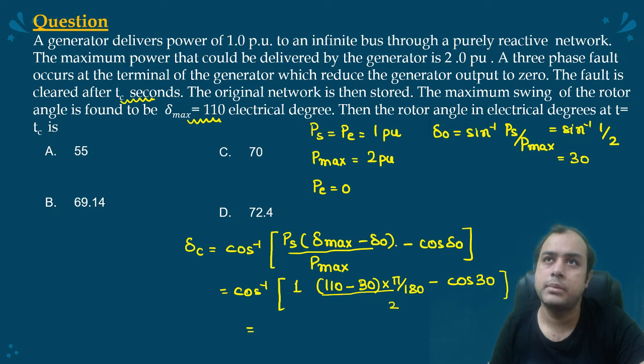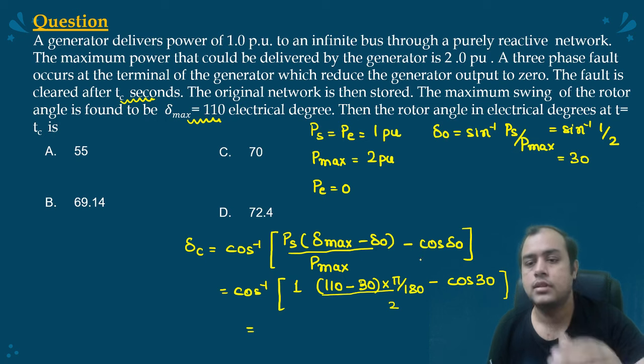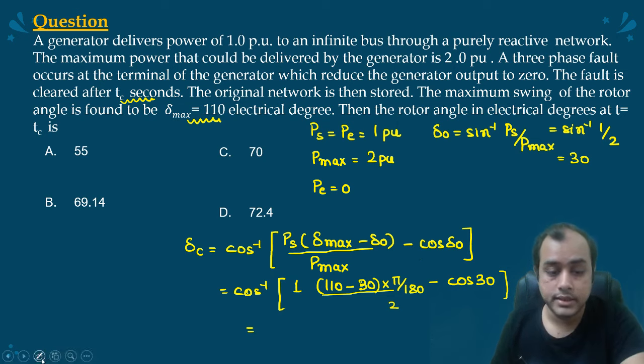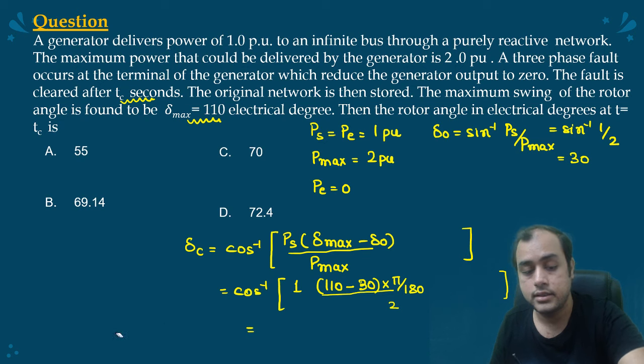P max 3 is P max, so it is cos delta naught. Yeah, that is a mistake. Actually, this will be cos delta max in addition.